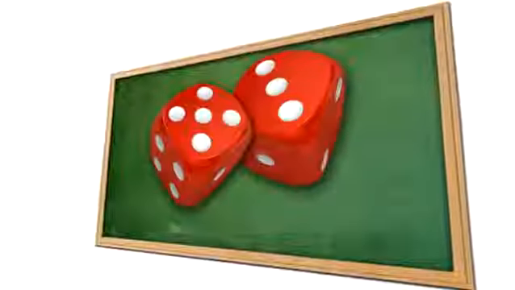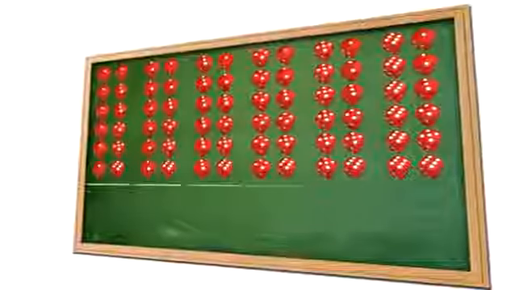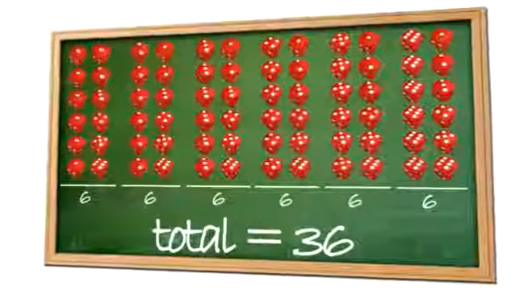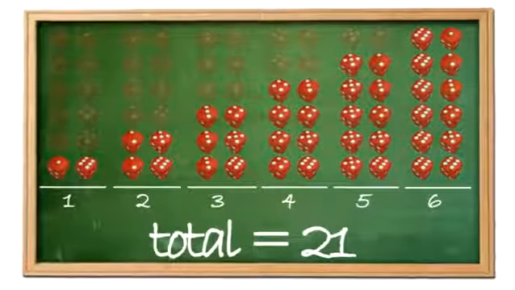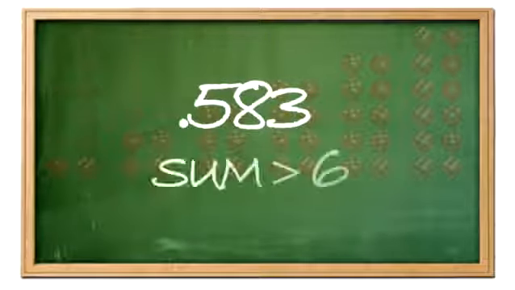For example, in rolling a pair of dice, it's probable that the sum will be greater than 6. Why? Well, there are a total of 36 possible outcomes when rolling a pair of dice, and of those 36 combinations, 21 of them lead to a sum greater than 6, giving us a 0.583 probability, or more than 50%, that the sum of both dice will be greater than 6 on any given roll.